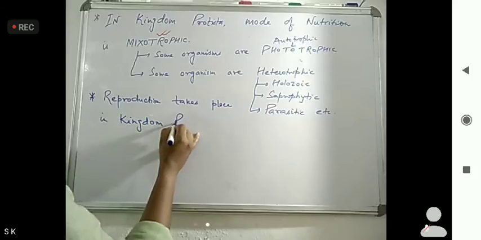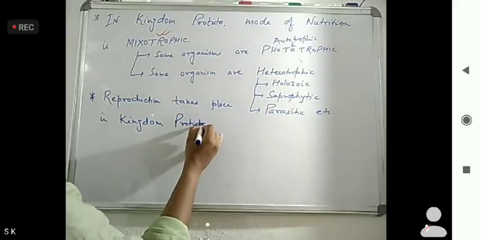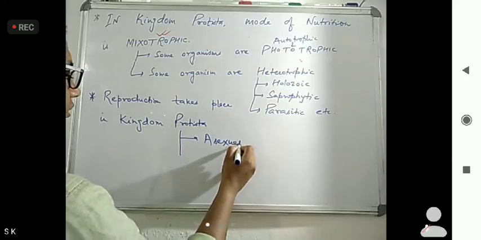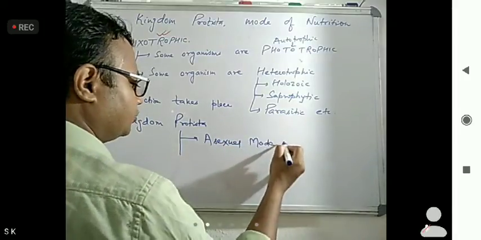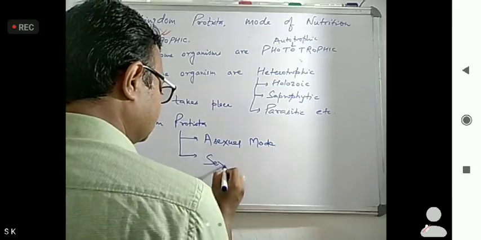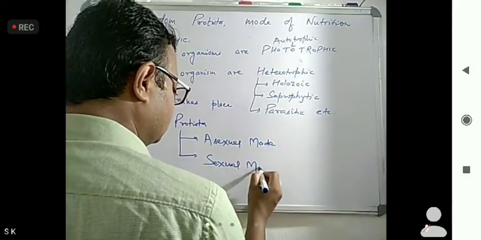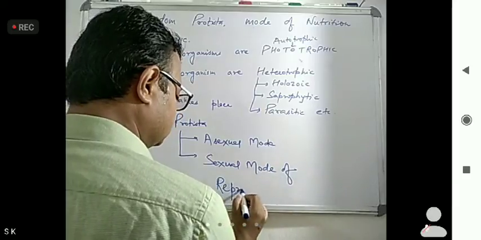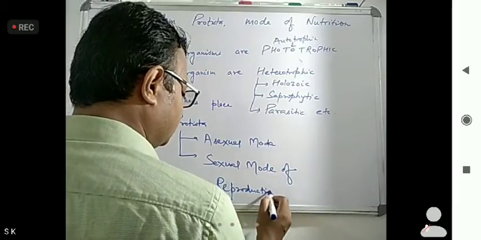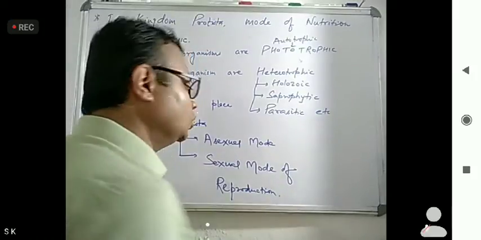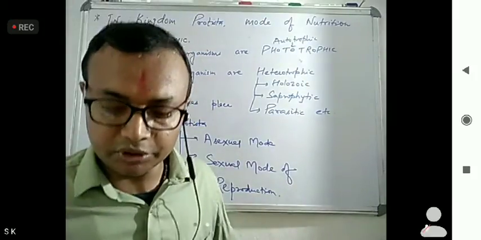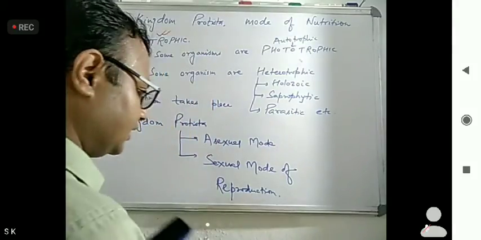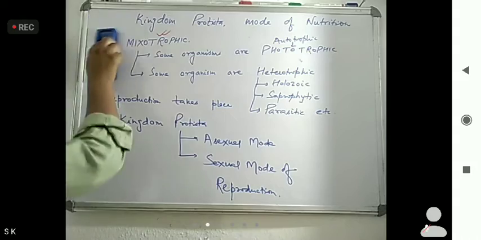Both are there, one is asexual mode of reproduction and next is sexual mode of reproduction. So both types of reproduction are well known in kingdom Protista. Now, one by one we will come to that. So first, asexual mode of reproduction in Protista.